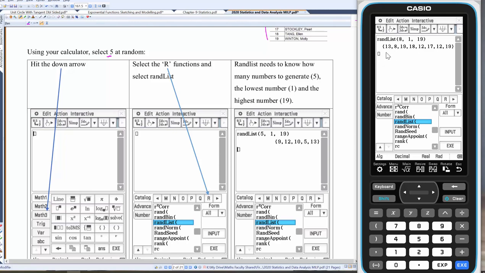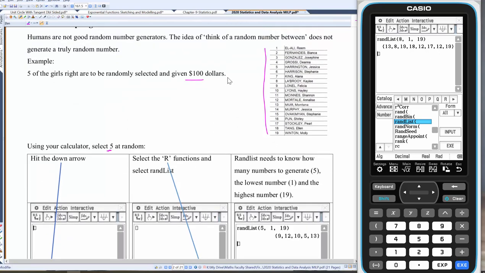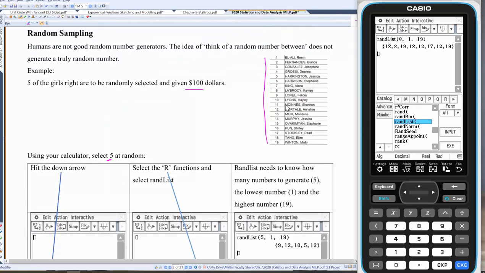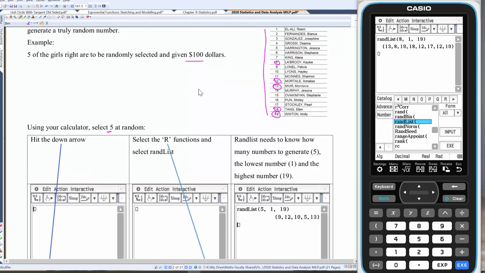Okay, so in my case, I would have had like 13, Montana, 8, Kaylee, 19, Molly, 18, Ellen, and 12, Annalise. All right, there's the list of students who got $100.